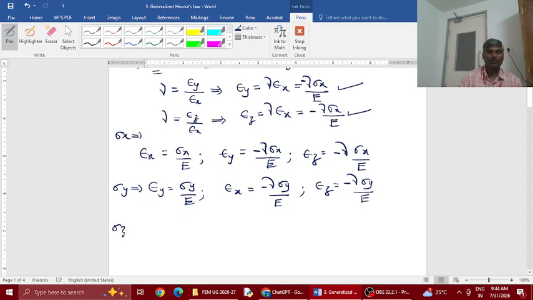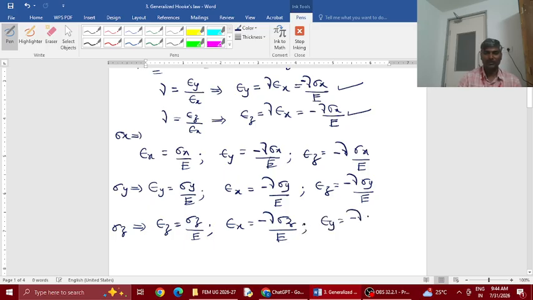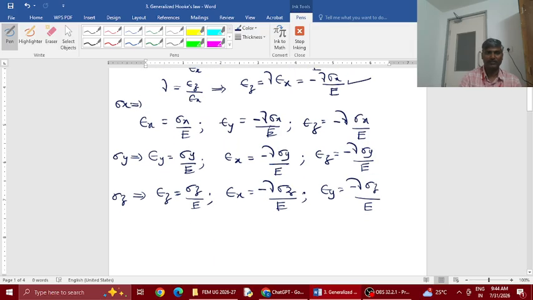Now because of sigma z, epsilon z will be your longitudinal strain, sigma z by E. The other two directions become lateral, and you need to add a negative sign because of compression. So epsilon x is minus nu sigma z by E, and epsilon y is minus nu sigma z by E. Now these are the 9 quantities of strains because of 3 quantities of stresses.